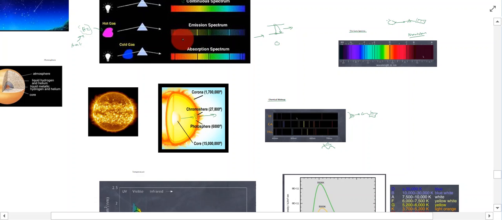So remember that particular atoms will give off particular wavelengths of light, but they will also absorb those same wavelengths of light as well. So what we can do then is look at these lines here, for example, and try to match these lines up with particular emission spectra for particular elements. And in doing that, we can start to identify some of the elements that are present within the sun.